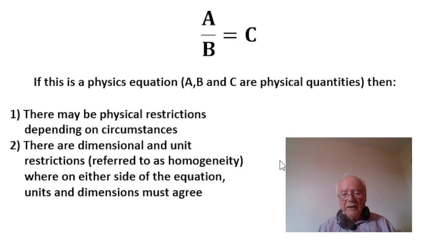Homogeneity dictates that the dimensions and units on both sides of the equals sign have to be the same. So if A over B is length over time, then C has the dimensions length over time. And if A is measured in meters and B is measured in seconds, then C has to be measured in meters per second.